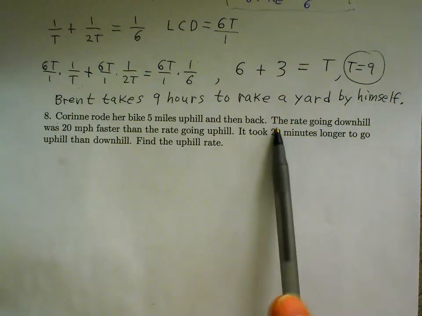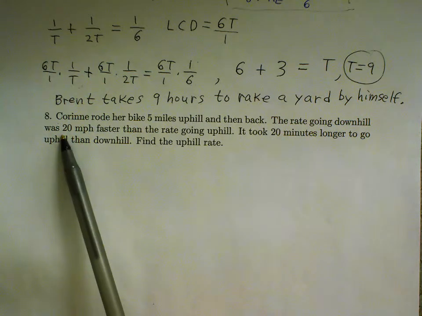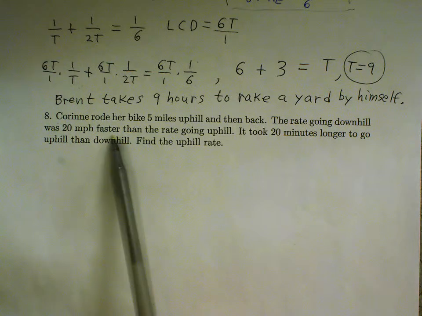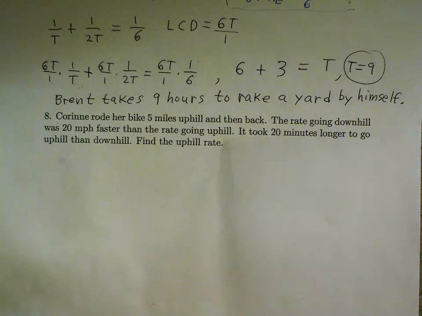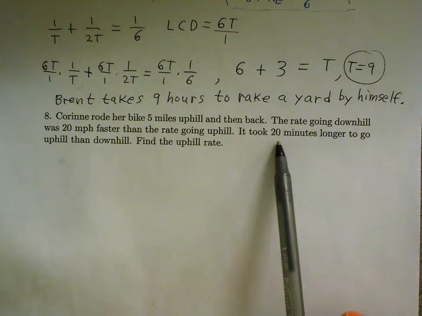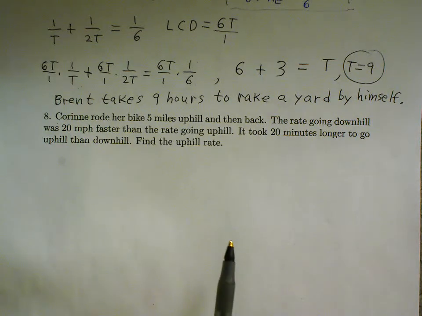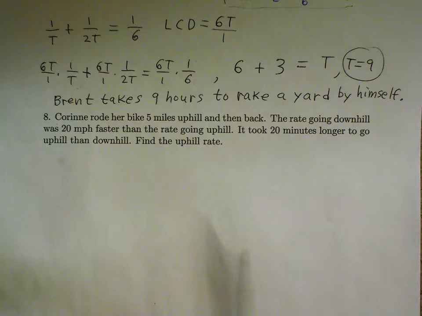Okay, and the rate going downhill was 20 miles per hour faster than the rate going uphill. And it took 20 minutes longer to go uphill than downhill. Find the uphill rate.